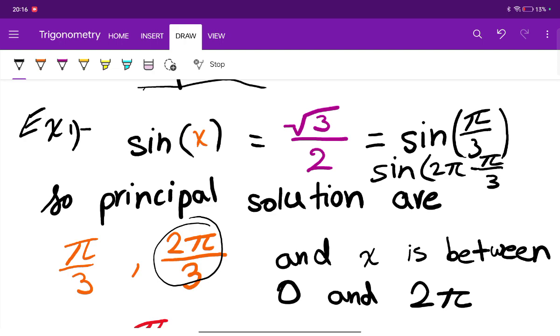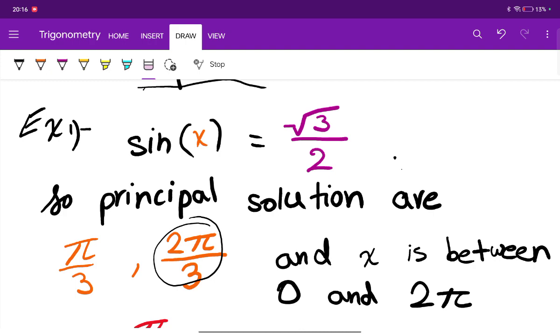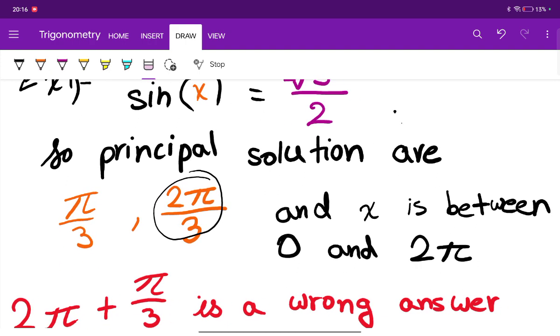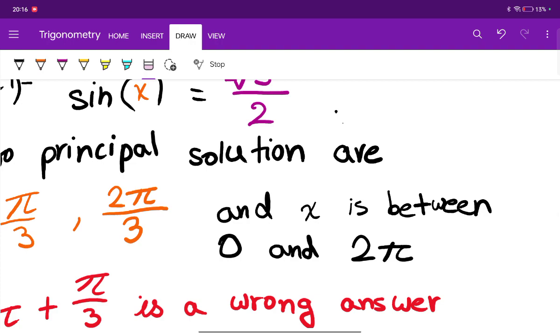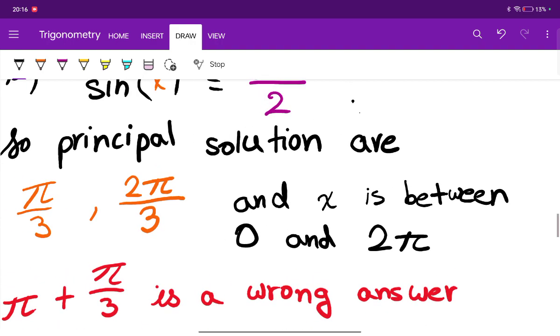So it is 2π/3. And x is between 0 and 2π.